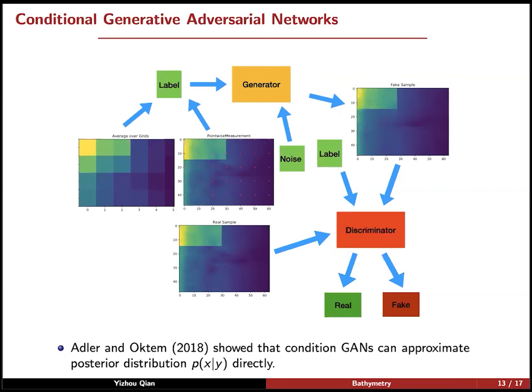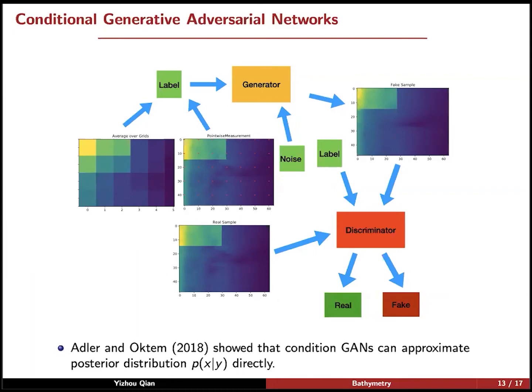In the framework of a conditional generative adversarial neural network, we have two most important components. The first one is the generator, which takes a noise and also some kind of label, in this case our observation, and eventually generates some kind of sample, or bathymetry sample.